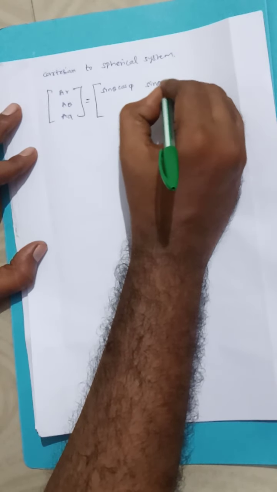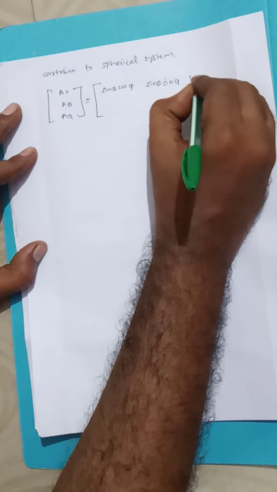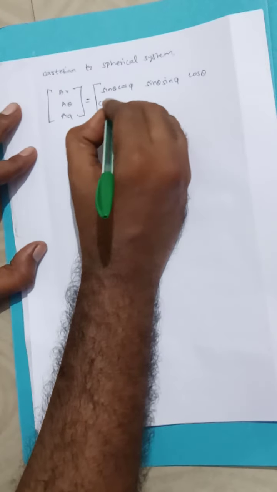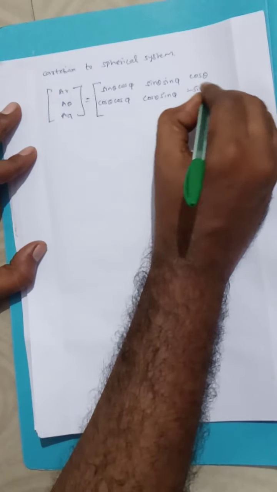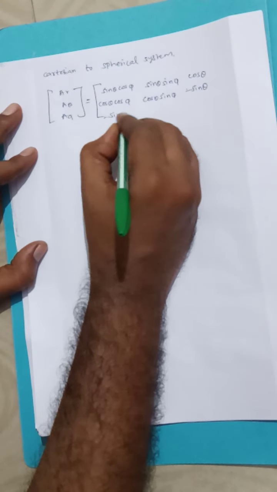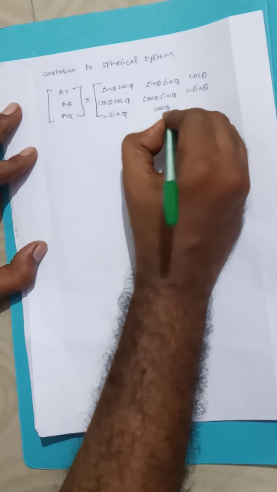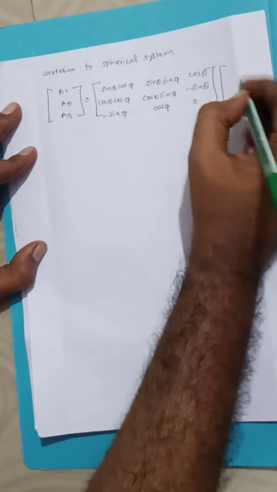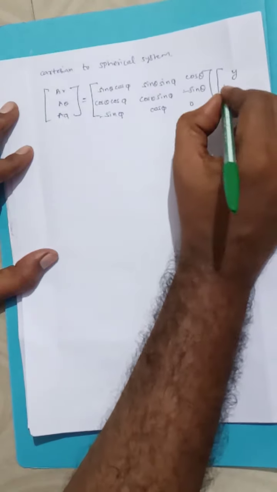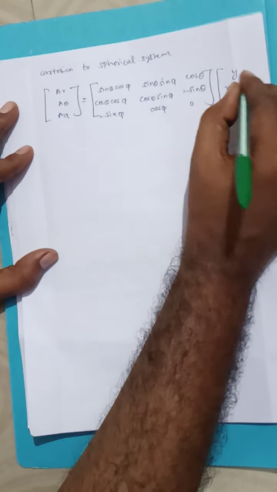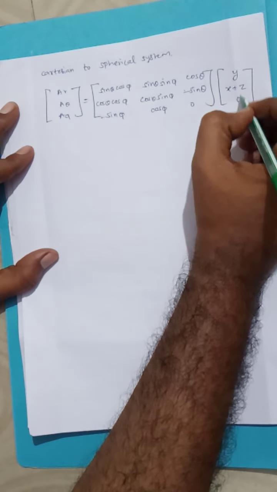So sin theta sin phi, cos theta cos phi, cos theta sin phi, minus sin theta and minus sin phi, cos phi and 0. So here you have y, x plus z, 0. You know that, right? Already you got ax, ay, az.